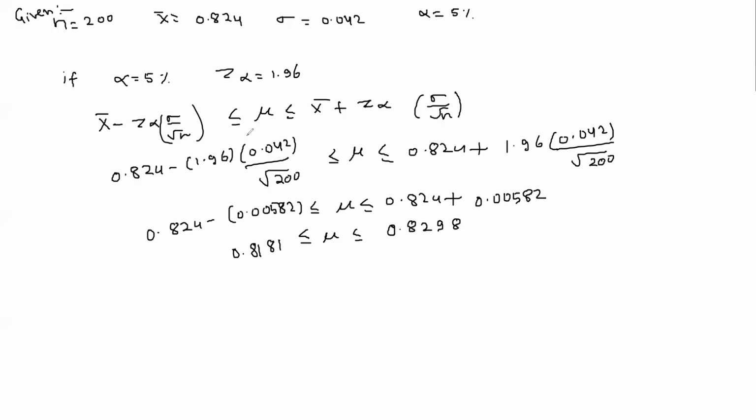Because this is the same part on both sides, we calculate this first. One time it is subtracted and one time it is added. So your population range lies between 0.8182 and 0.82.